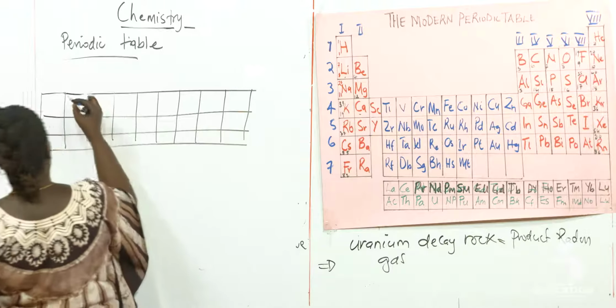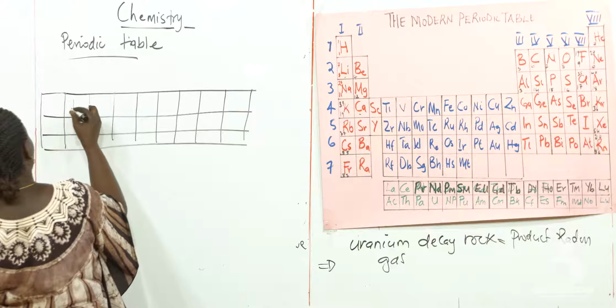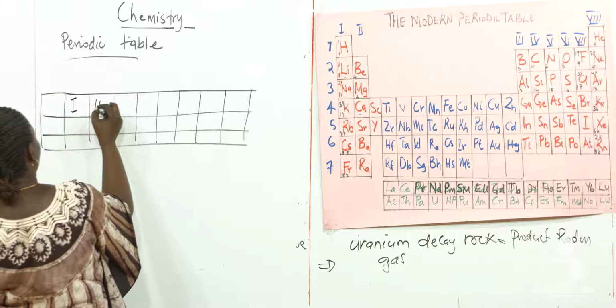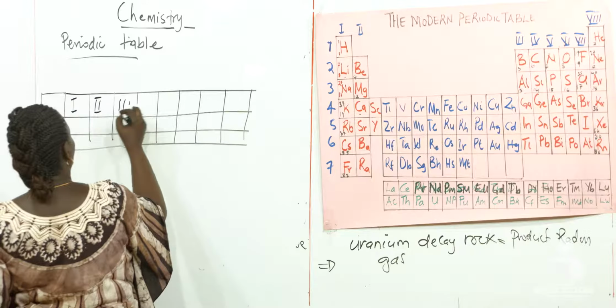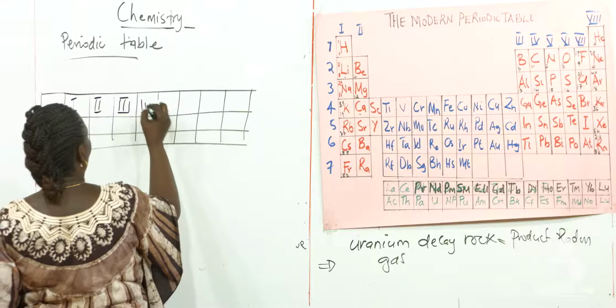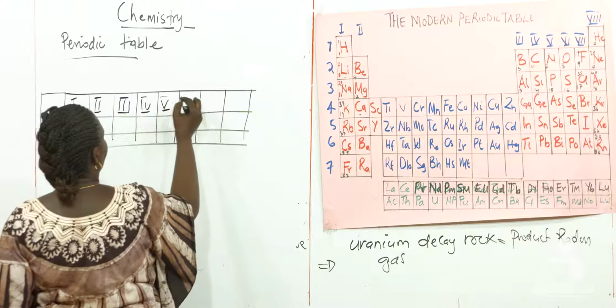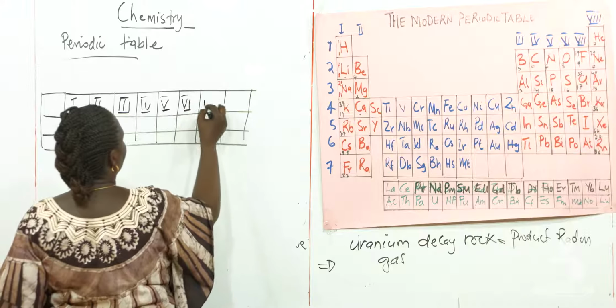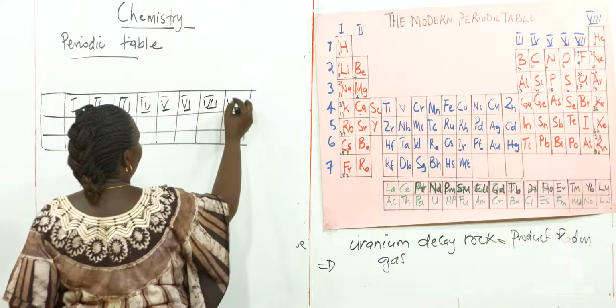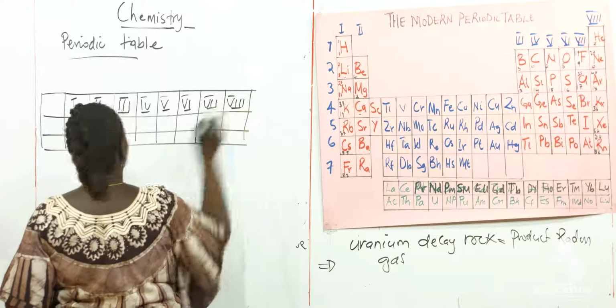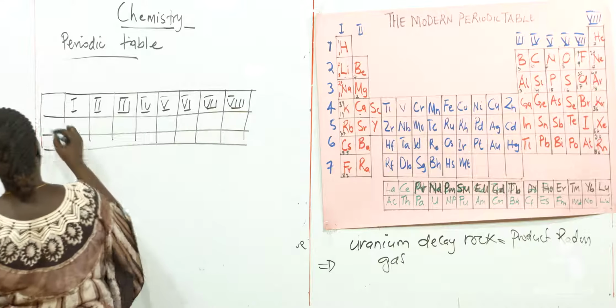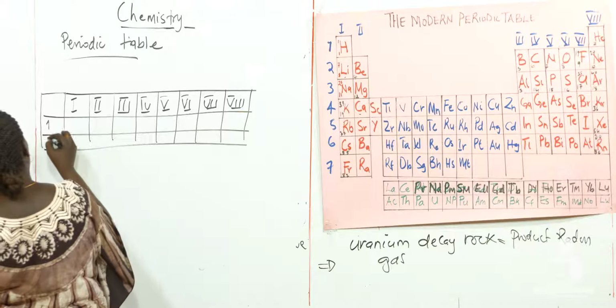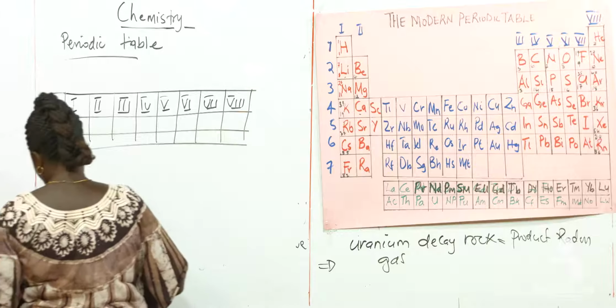So the groups are assigned Roman numbers. We have 1, 2, 3, 4, 5, 6, 7, and then we have 8. Then we have the periods, period 1 and then period 2.